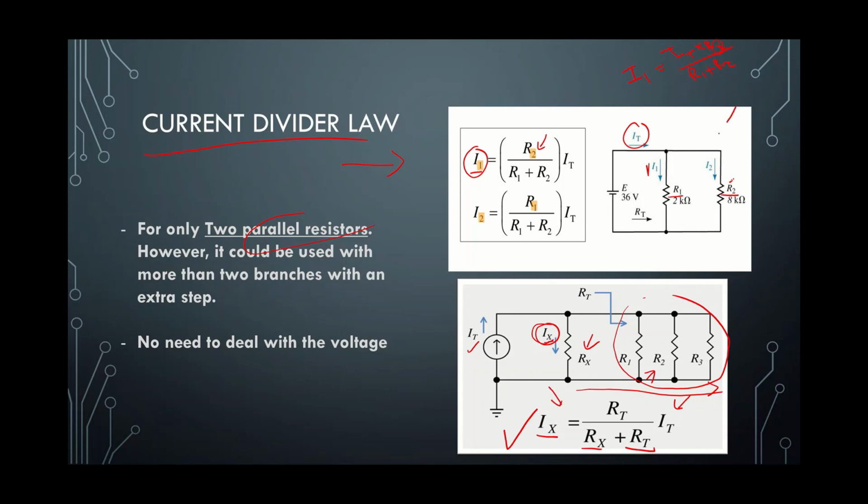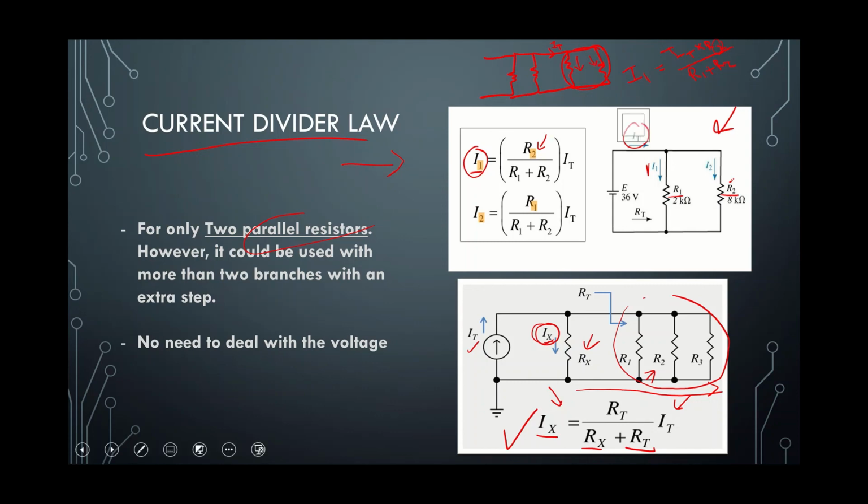You cannot use the simple equation directly because you have to do it several times. If you have this combination of circuits, you have to know the I total here. Then you apply the equations to find I3, for example, and I4.